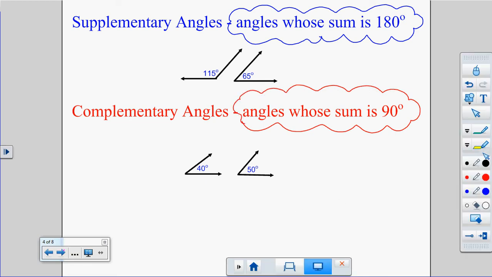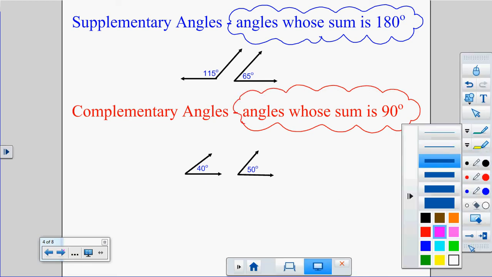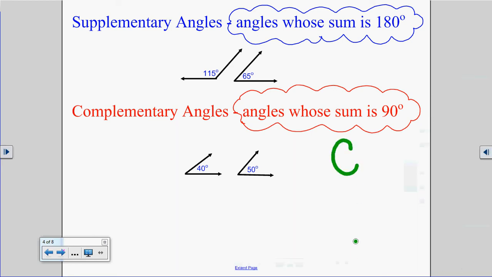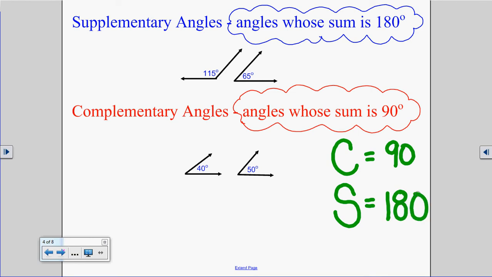Now, I always think, and you might have another way to remember this, but I think of complementary as a C and it comes first in the alphabet, and supplementary is an S and it comes second in the alphabet. So complementary adds up to 90 and supplementary adds up to 180. It can be whatever you use, but you have to have a memory trick. It's really important to have memory tricks in math.